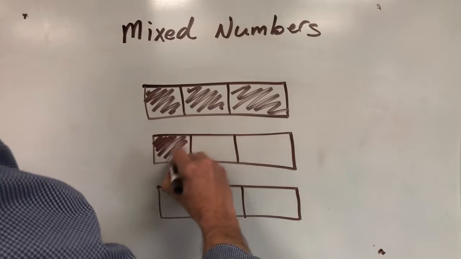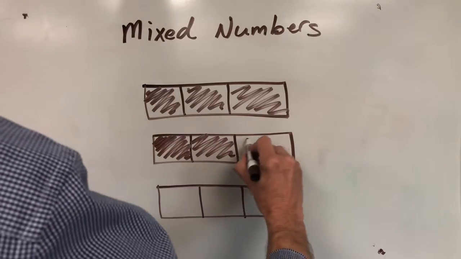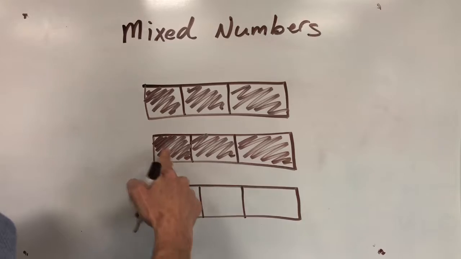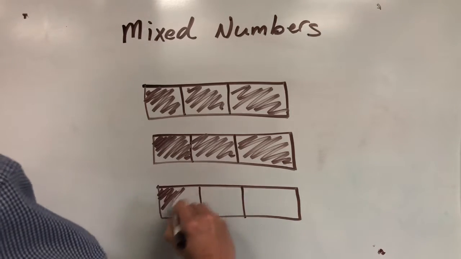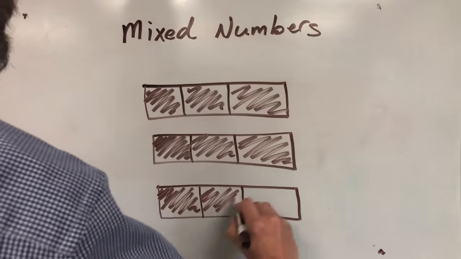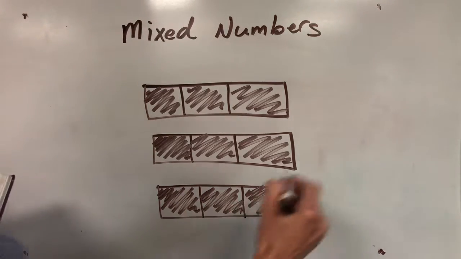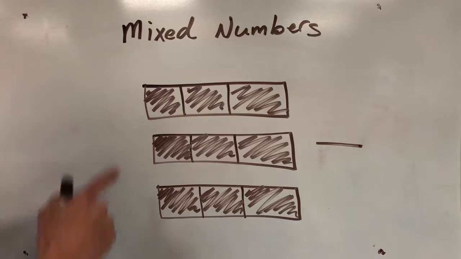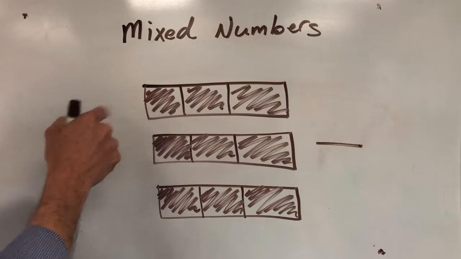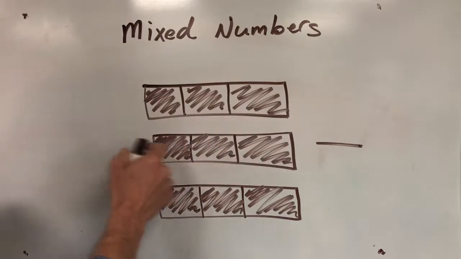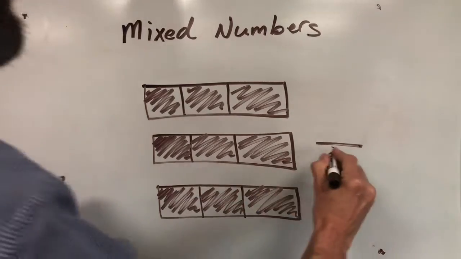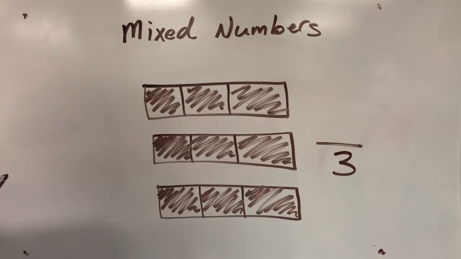And this one's shaded, and this one's shaded, and this one's shaded. There are also 3 in that strip. Shaded, shaded, shaded, and there are 3 in this strip. The question is, how many parts are in each strip? 3 in this, 3 in this, 3 in this. So the bottom number is 3.